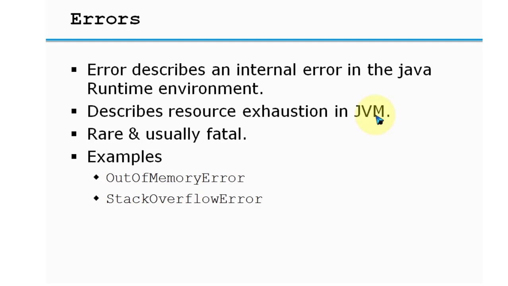And related to that, some kinds of memory errors you can solve. Okay, but beyond that you cannot increase it. Suppose your main memory size is 2 GB and you are trying to give it 8 GB, so it is not possible, right? Okay, so errors are rare and usually fatal.